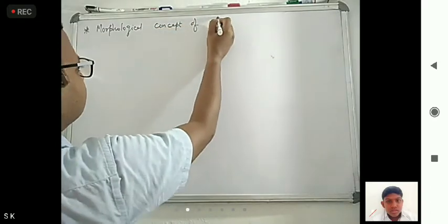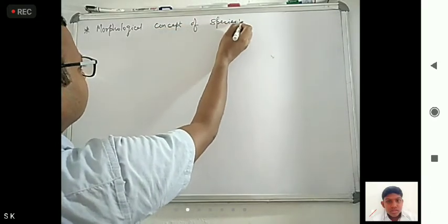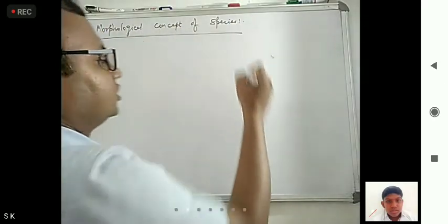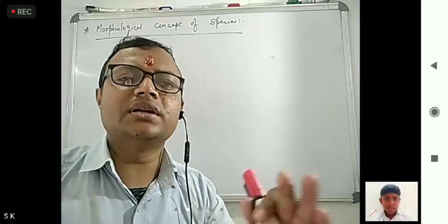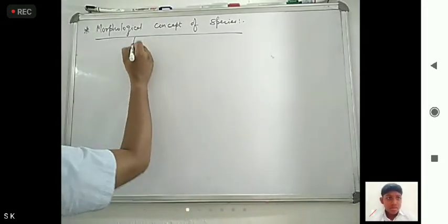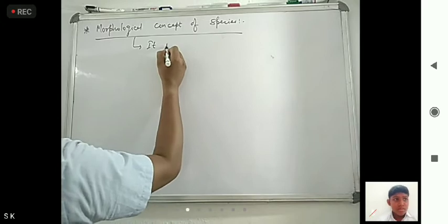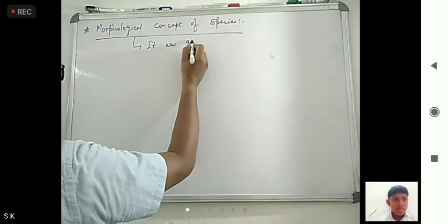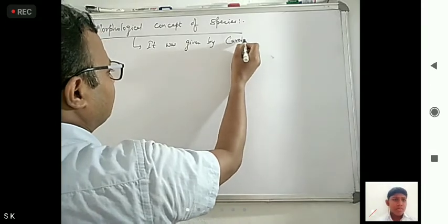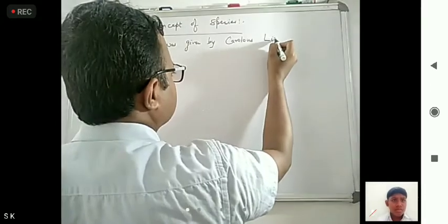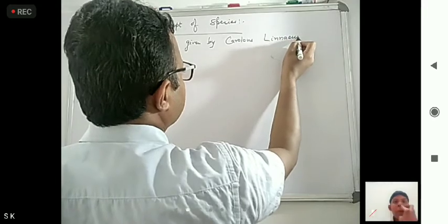Concept of species. This morphological concept of species was given by Carolus Linnaeus.